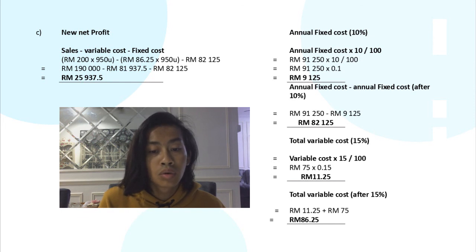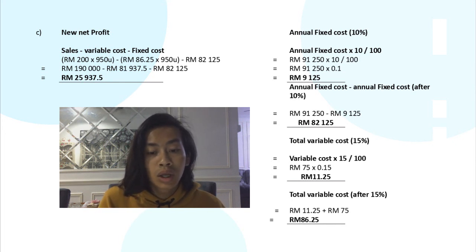So RM 91,250 times 10% will be 9,125 ringgit. The next step is the annual fixed cost minus the annual fixed cost after 10%.